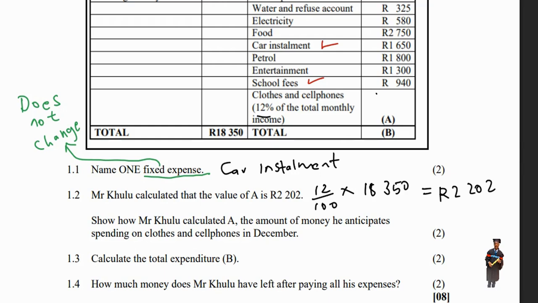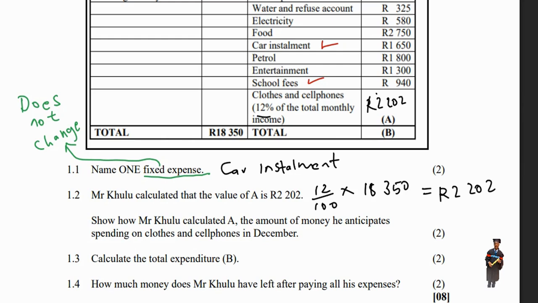Let's continue. Okay, 1.3, they are saying calculate the total expenditure. Remember that we have calculated and found that this is 2,202. And then they want us to calculate the total expenditure.